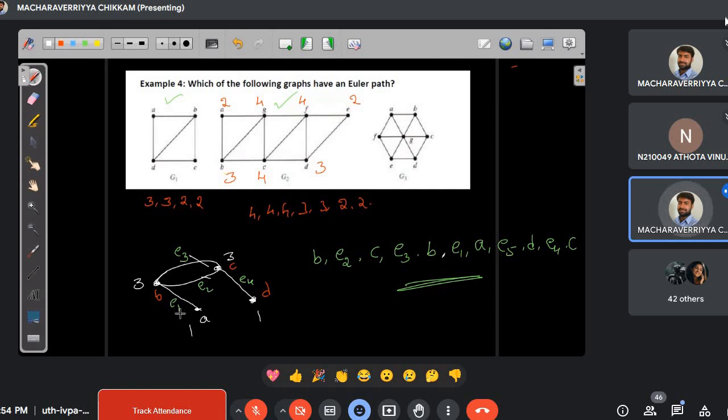But the theorem guarantees an Euler path if you have only 2 odd degree vertices. The rest of the degrees must be even. You understand? So for this it is not possible. There is no Euler path because the number of vertices of odd degree is more than 2, not exactly 2 here. There are 4. All 4 vertices are of odd degree.